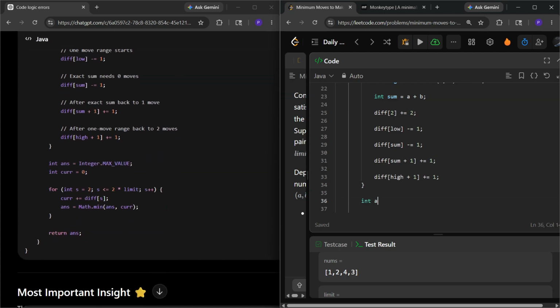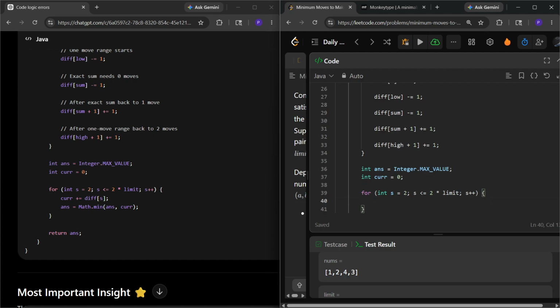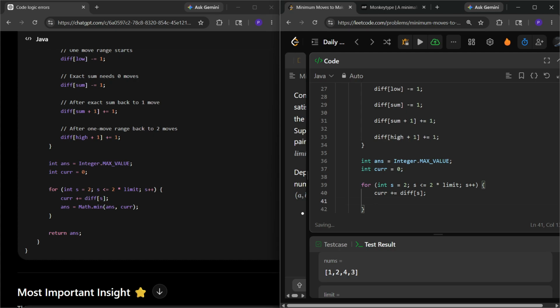Then answer is equal to integer max value, and then current is equal to 0. And then for int s equals 2, s less than or equal to 2 times the limit, s plus plus, current plus equals the difference of s, for all the indexes.